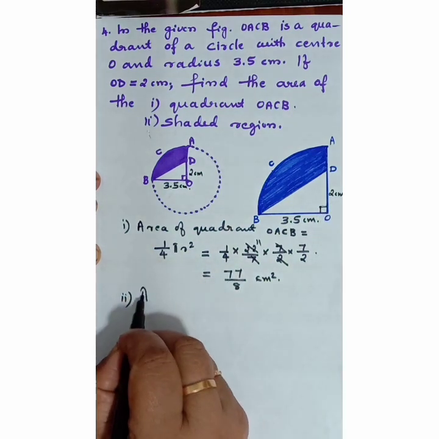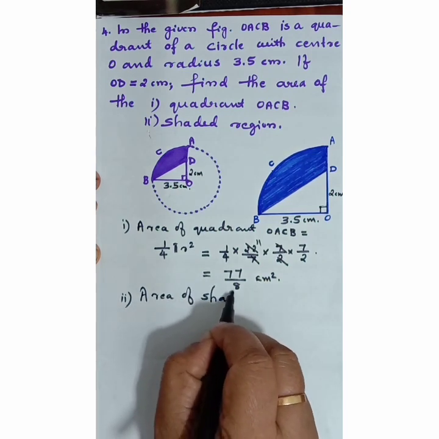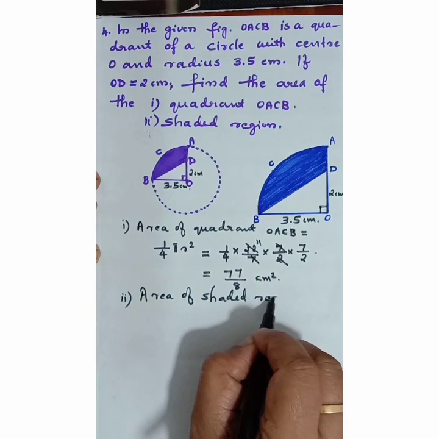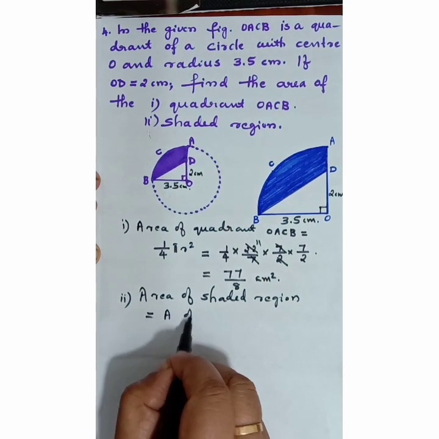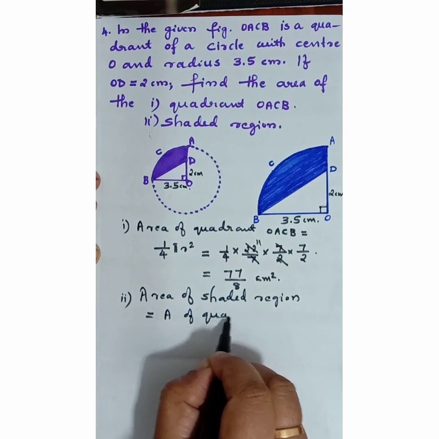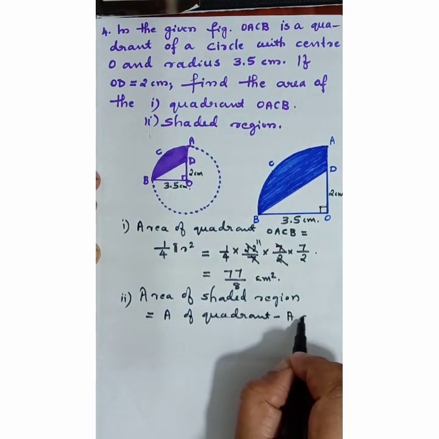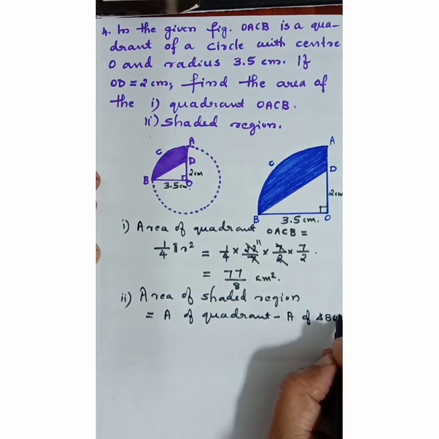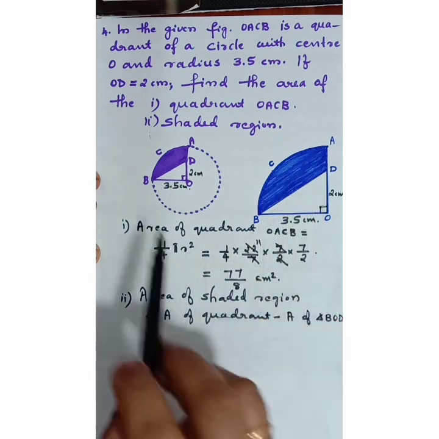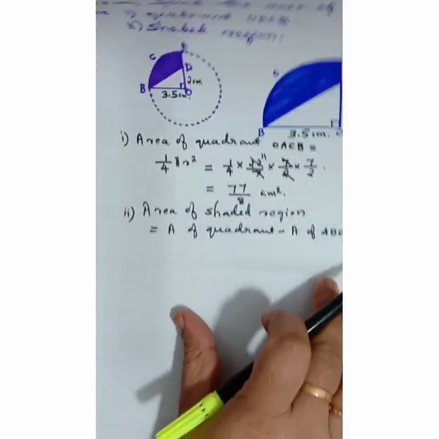Therefore, area of shaded region equal to area of quadrant minus area of triangle BOD. This triangle is triangle BOD. Okay. Now just substitute the values.